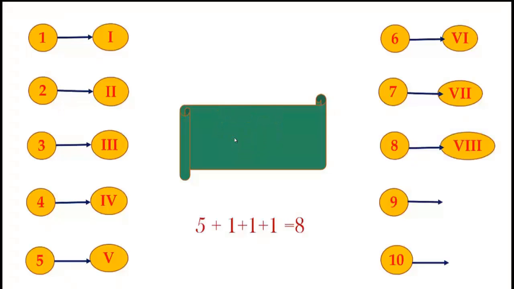9. Can we write 9 as VIII? Can we write I 4 times here? According to the rule of repetition, that is not possible. So, how do we write 9? IX, the rule of subtraction.